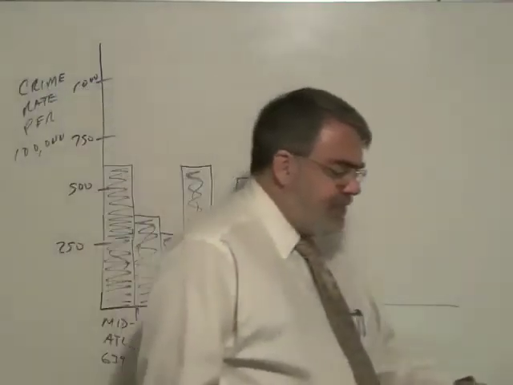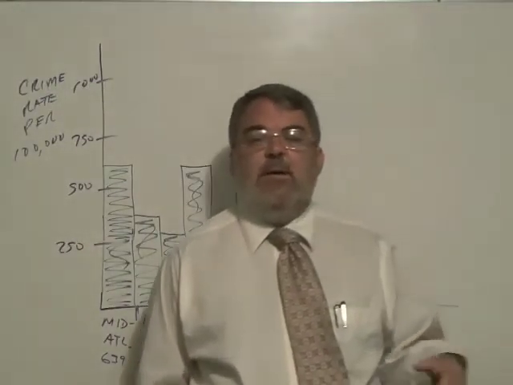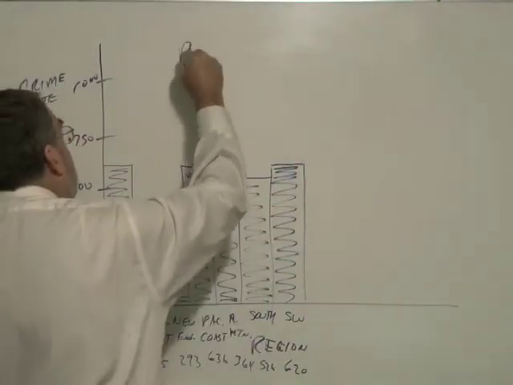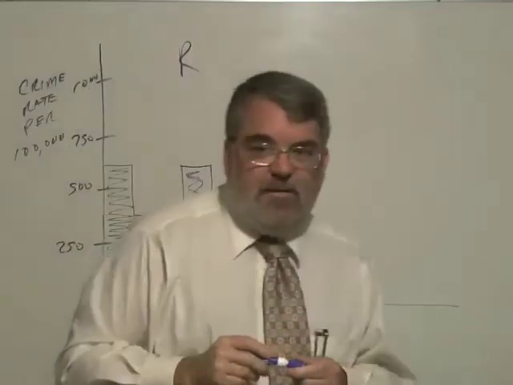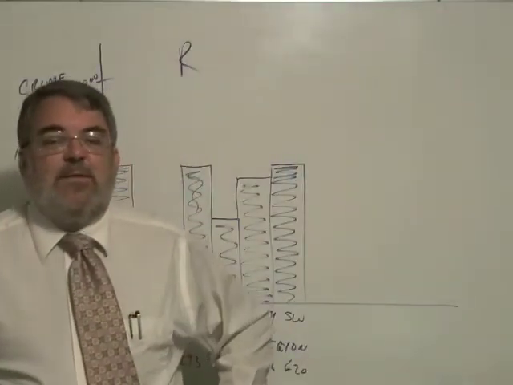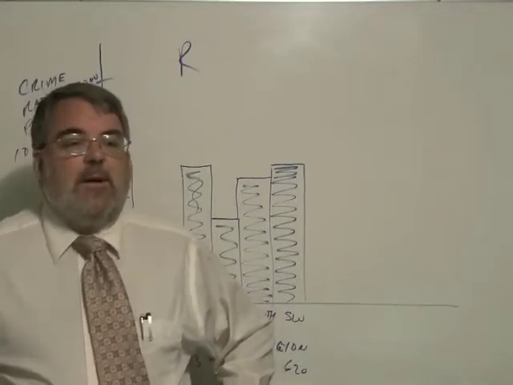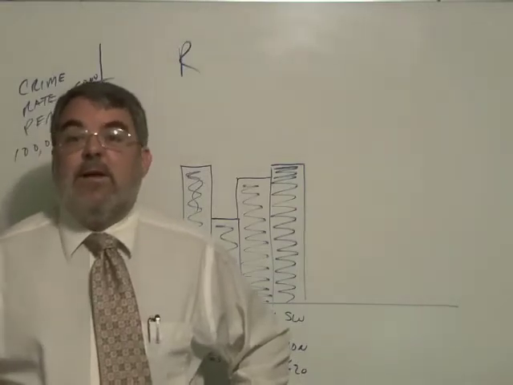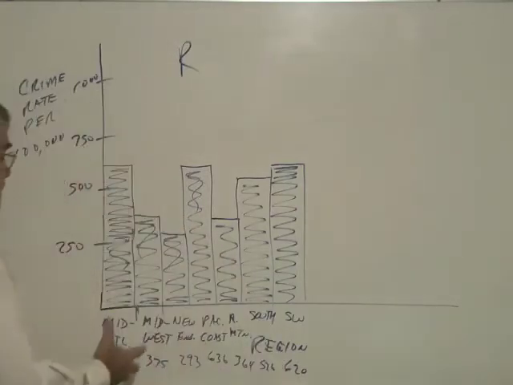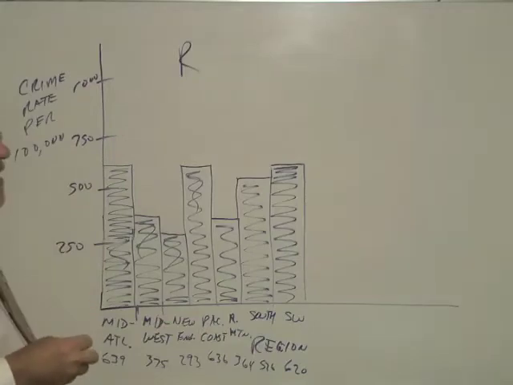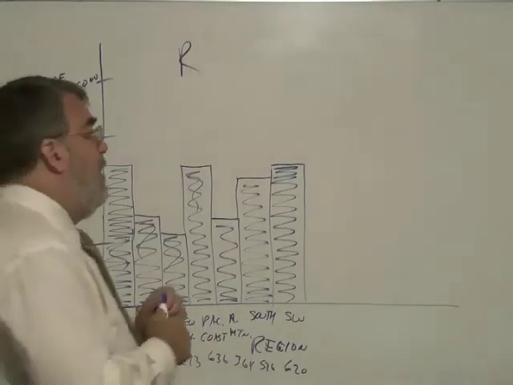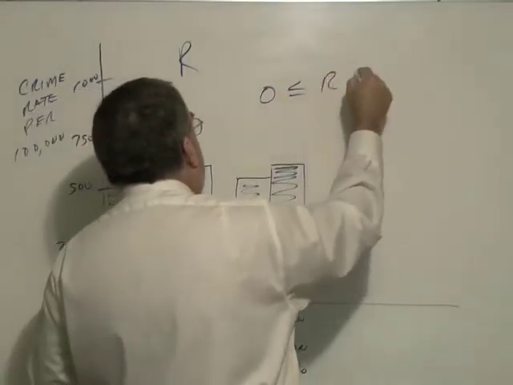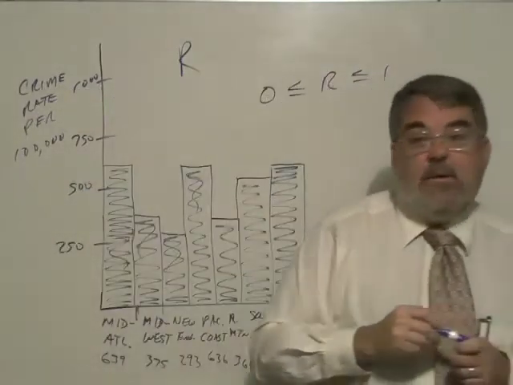And the relationship factor that can be calculated is called capital R. And so capital R, and please capitalize it for this chapter, analysis of variance, it's a numerical measure of relationship between a categorical variable and the metric variable. And R lives between 0 and 1. So it's a positive number.